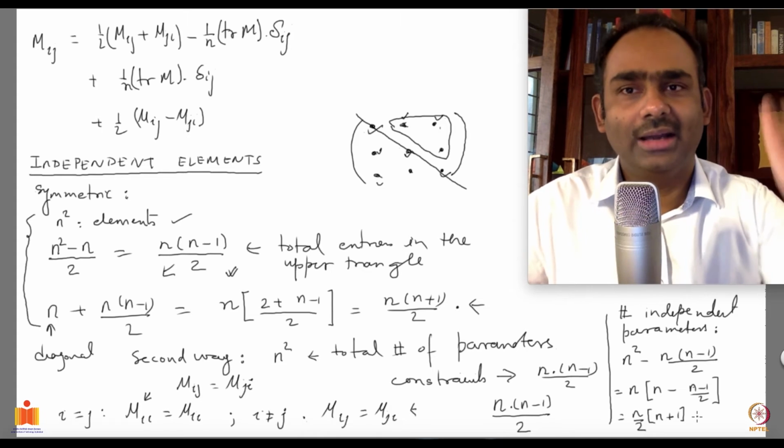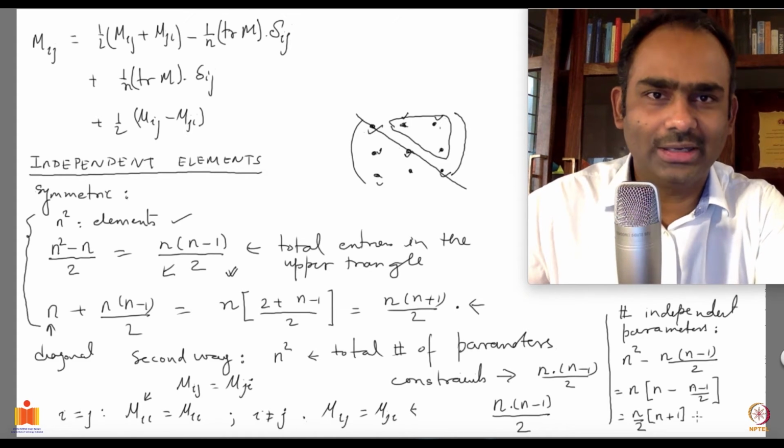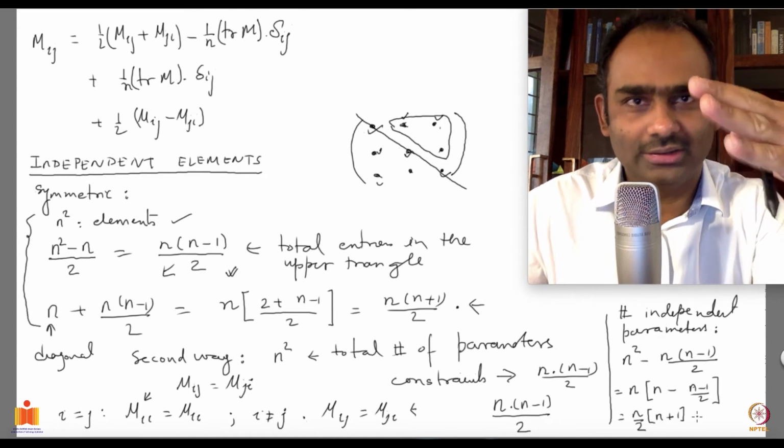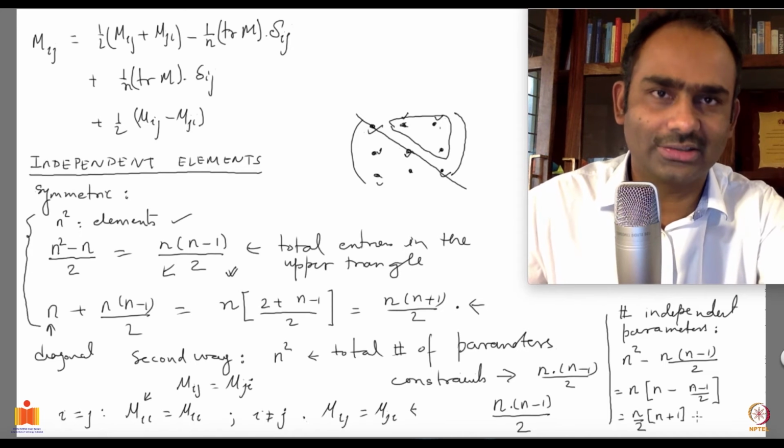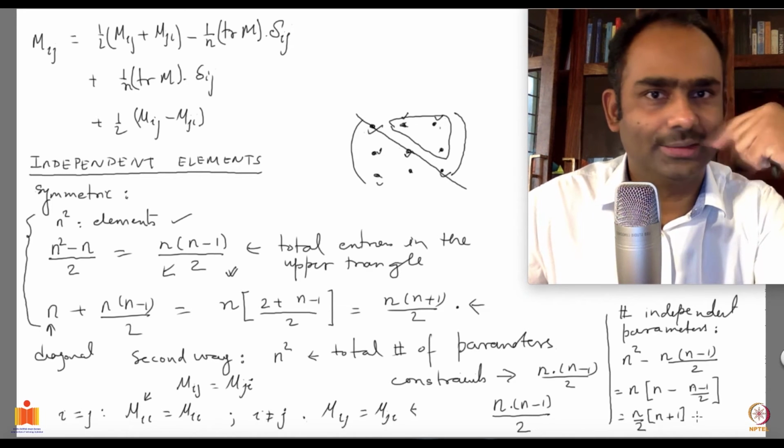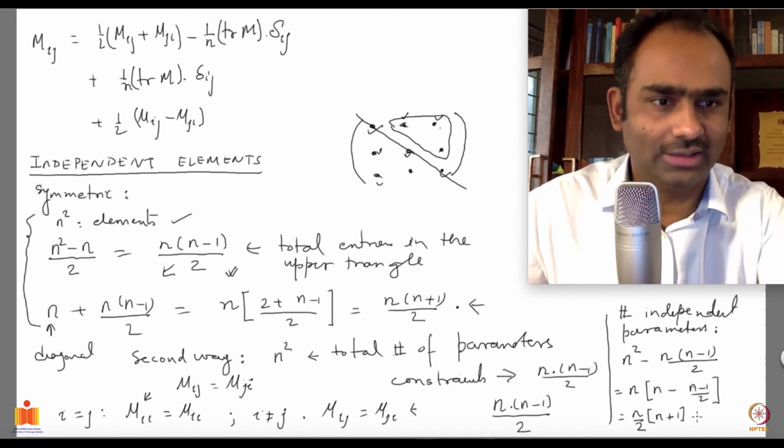And for an anti-symmetric matrix, it is the same calculation, except for the fact that on the diagonal you have nothing. The diagonal entries are 0, so you remove those n entries.